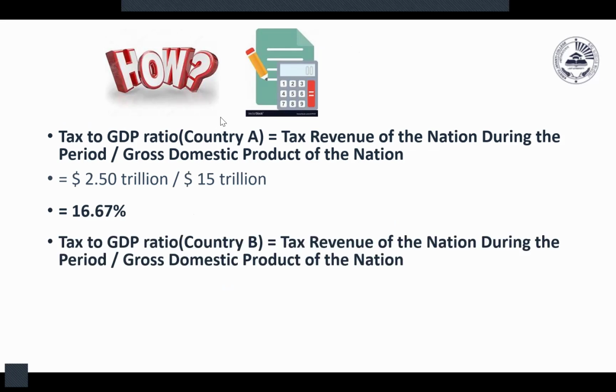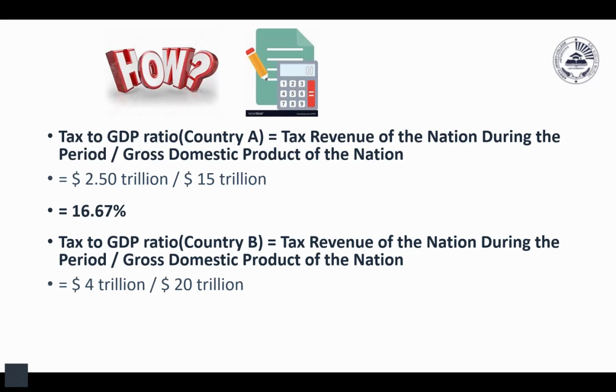For country B, the revenue is $4 trillion, whereas the GDP is $20 trillion. Putting it together, the tax GDP ratio comes to 20%.